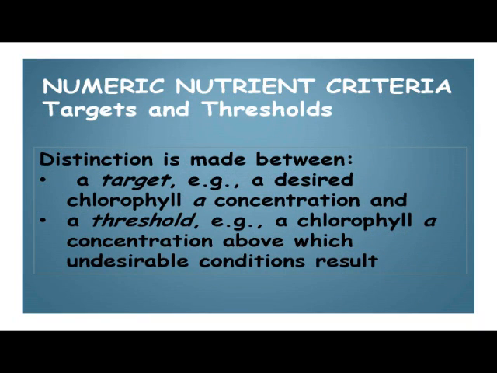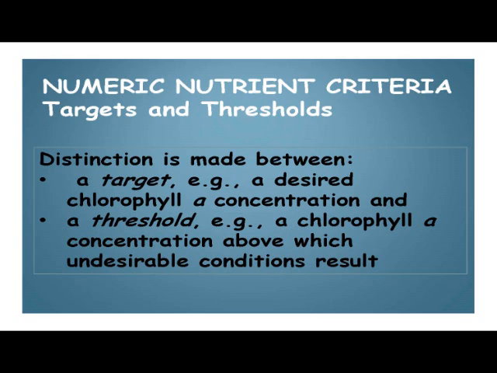One of the things we had to make sure of was that we established the difference between what a target is and what a threshold is. The target is, for our purposes, a management goal: a desired chlorophyll concentration that we were trying to attain in order to ensure the protection of our seagrasses.